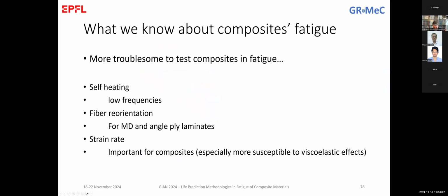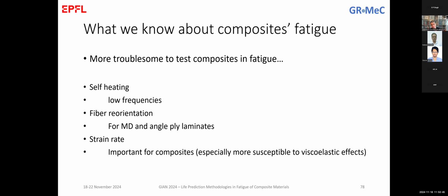So, as Raman mentioned before, we know today that fatigue of composites is more troublesome than fatigue of metals. We see self-heating. What is self-heating? It is the temperature that is introduced in the material by the friction during fatigue loading. And this self-heating imposes testing at lower frequencies.